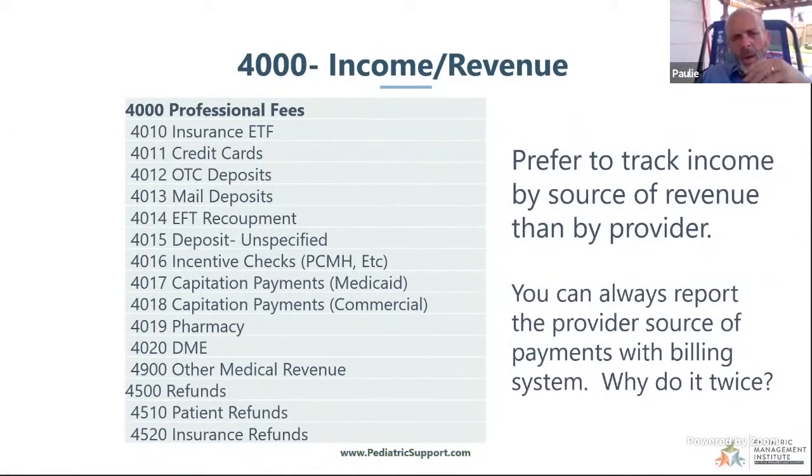A lot of times I will look at a financial statement and it will say patient income, insurance income, and refunds, and that's it. So there's a group of practices that do that. Another group of practices will say Dr. Blanchard's income, Dr. Vanchiere's income, Dr. Hart's income. They'll kind of classify it that way.